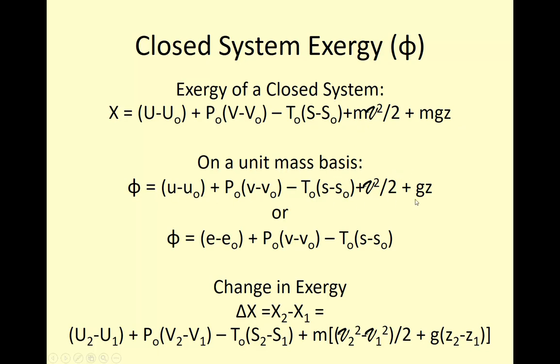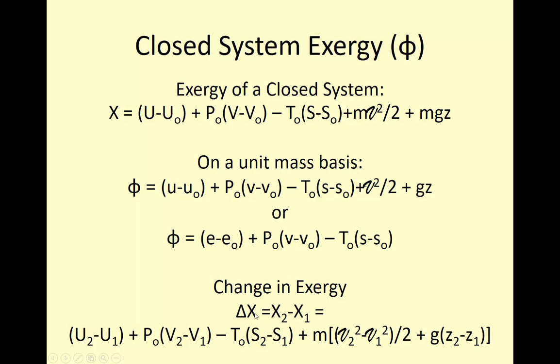Similarly, we could do it on a unit mass basis where we divide through by the mass, or if we wanted to combine this delta U term with the velocity and the gravitational terms from kinetic and potential energy, we can just call all of those E. So U plus V plus G is just equal to E minus E naught.